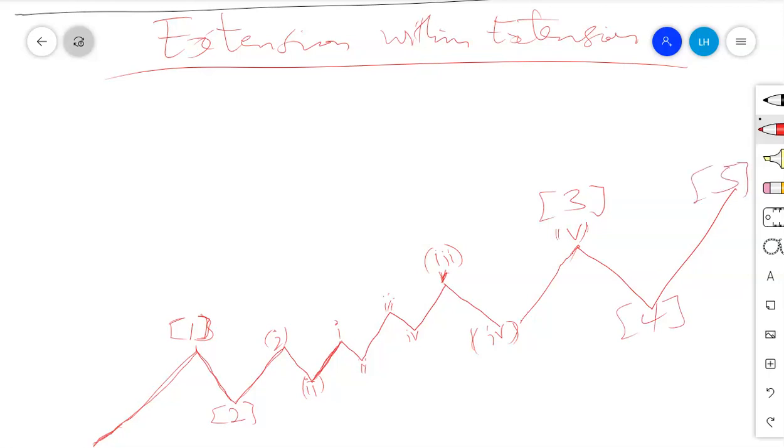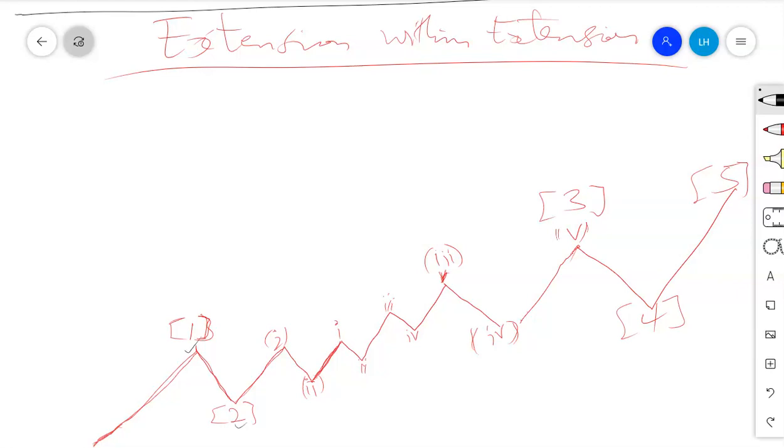Now we have seen the extension within extension, whereby in the third wave we have 1, then we have 2. Now instead of having 3 here, we had an extension whereby we started it as 1 again.